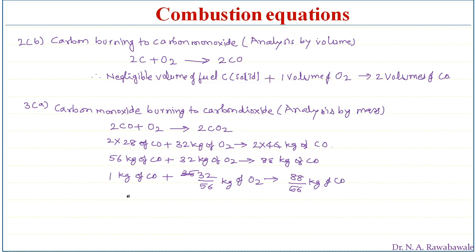On further simplification, we get this as 1 kg of carbon monoxide is burned in presence of 4 by 7 kg of oxygen, producing 11 by 7 kg of carbon dioxide. This produces carbon dioxide.